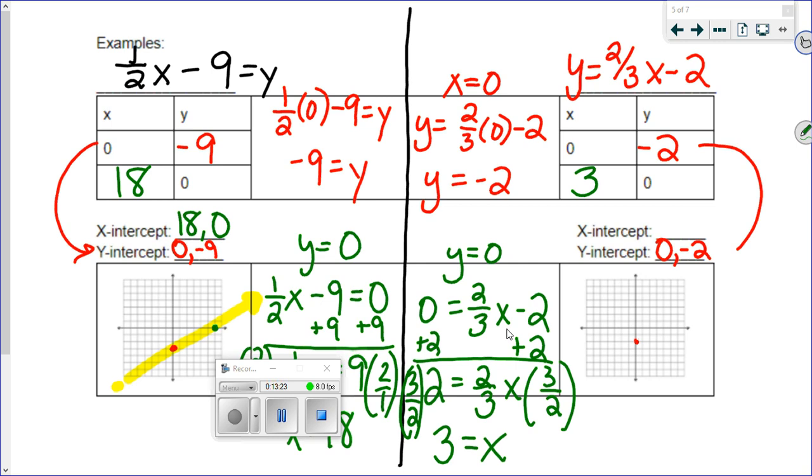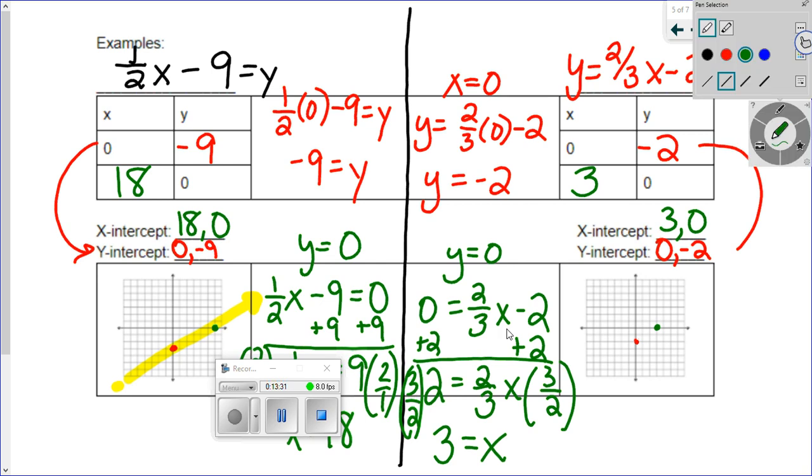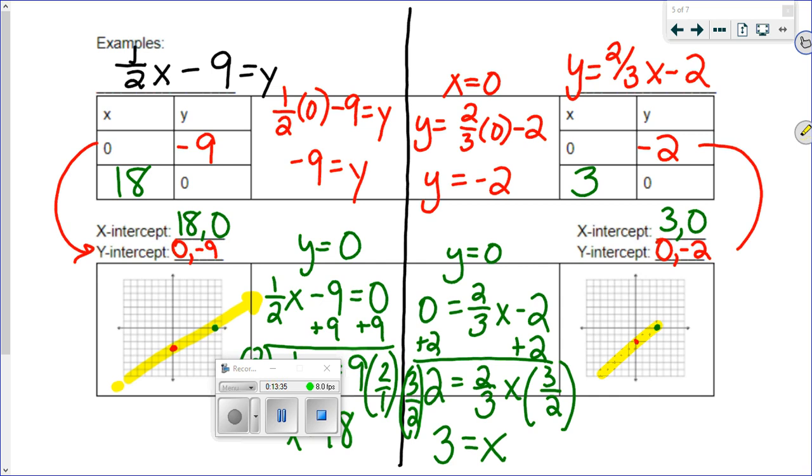So the x-intercept is 3, comma 0, and that would be right here on your graph. Then you can connect both points by drawing a line. That line represents y equals 2/3 x minus 2.